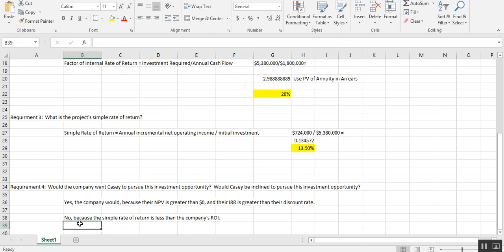So we could argue the ethics of that. Certainly, if he's making decisions that are in the best interest of the company, then that shouldn't matter. But the question says, would he be inclined? So he might have some hesitation about doing that for personal reasons. So for personal reasons, no, he would not want to do that.